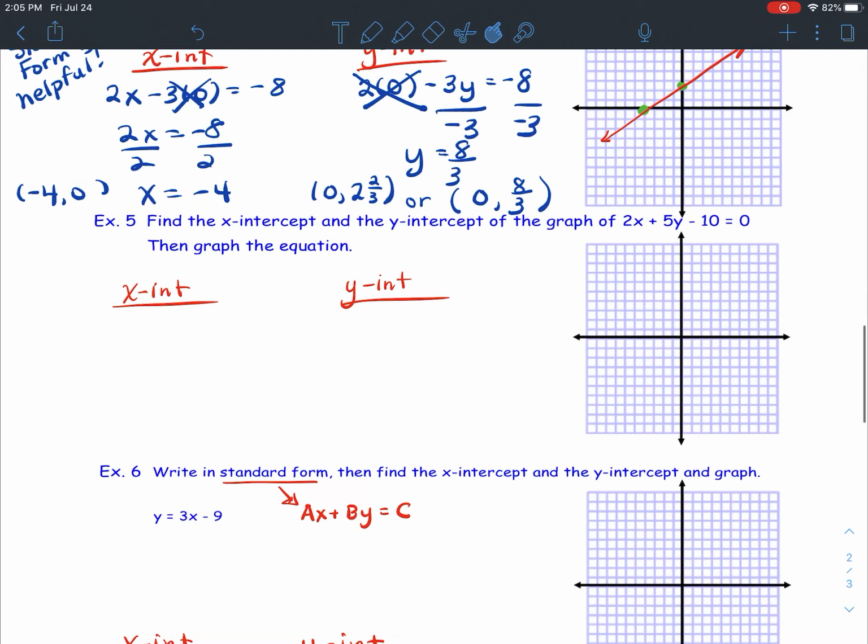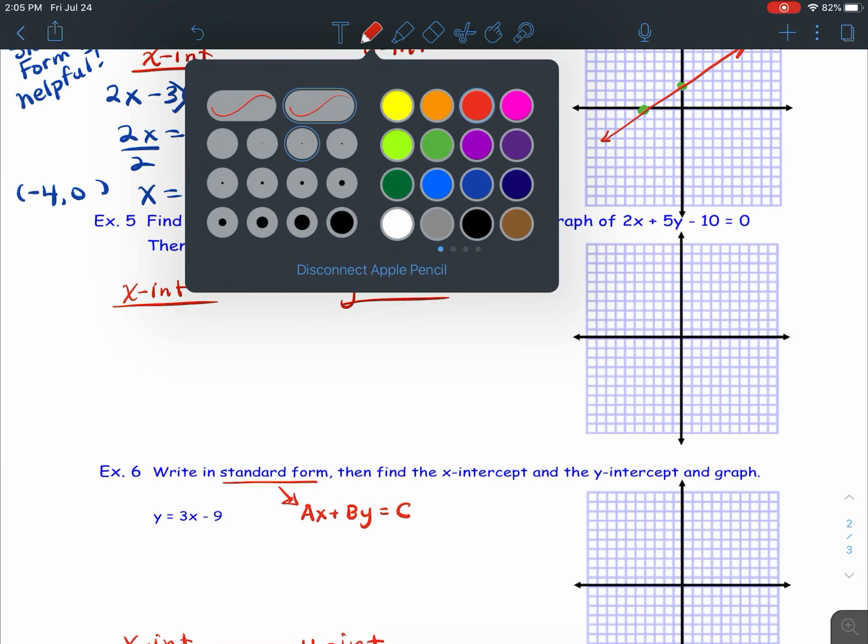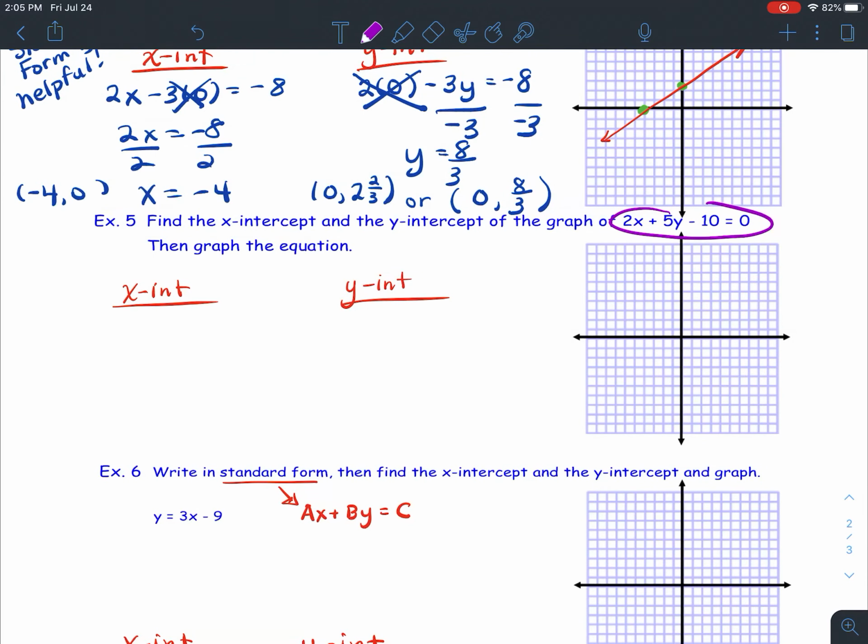All right, we're going to take a quick look at this next example. Same thing here, not quite in standard form, but almost. We're going to move the 10 to the other side. When I'm doing an x-intercept, that is when I will plug a 0 in for the y. So I'm going to plug a 0 right there for the y.